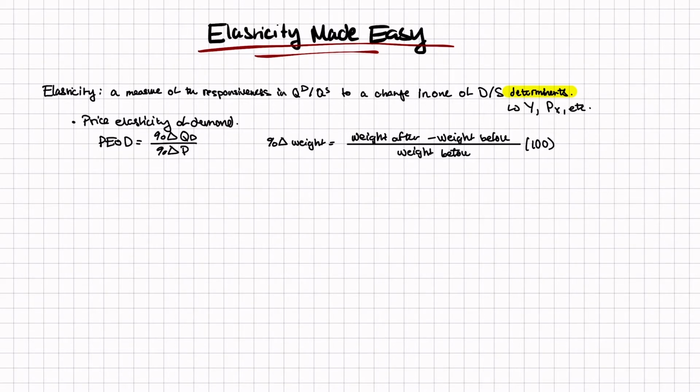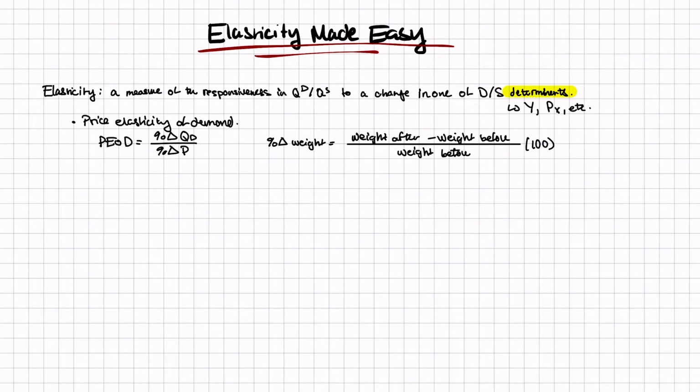To that end, we can define the formula for calculating percentage changes. Maybe I want to see how Thanksgiving impacted my waistline. If we want to calculate the percentage change in my weight, we take my weight after Thanksgiving, subtract my weight before Thanksgiving, and divide it all by my weight before Thanksgiving. We then multiply this number by 100 to see the percentage change in my weight.